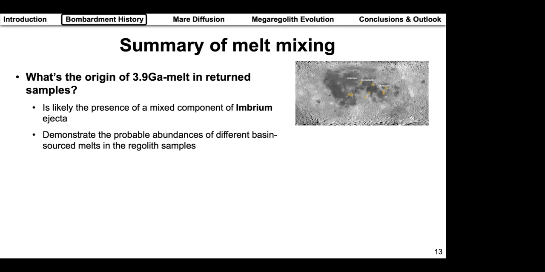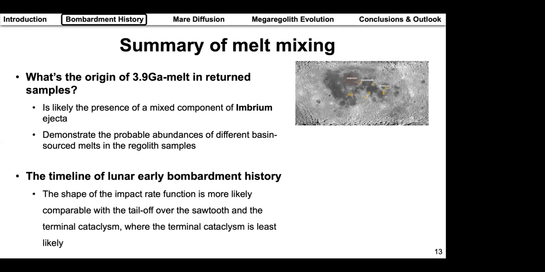We now know that the majority of 3.8 gigayear melt in the returned samples is derived from the Imbrium ejecta. And of course, in addition to the Imbrium contributions, the other contributions can also be estimated.